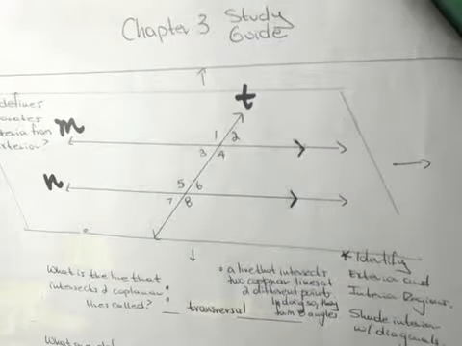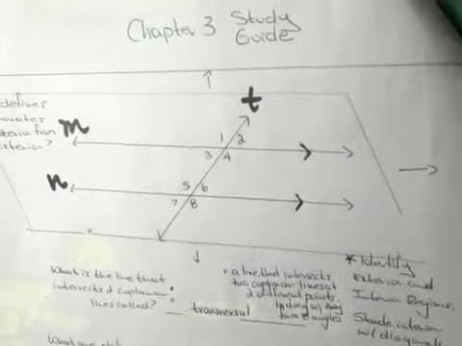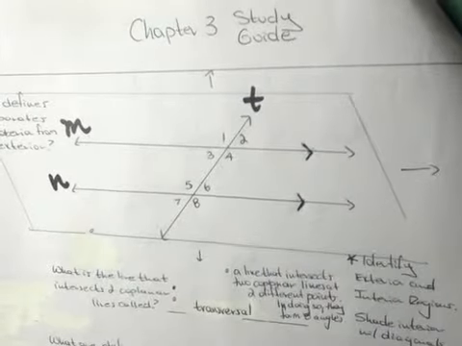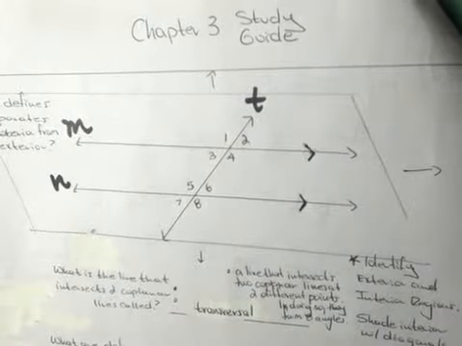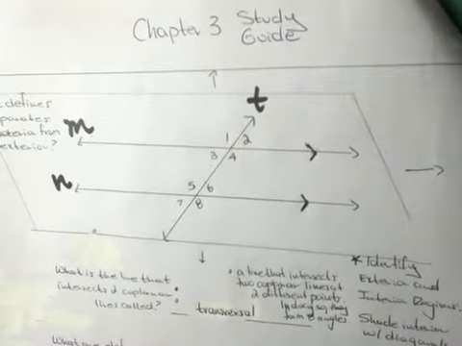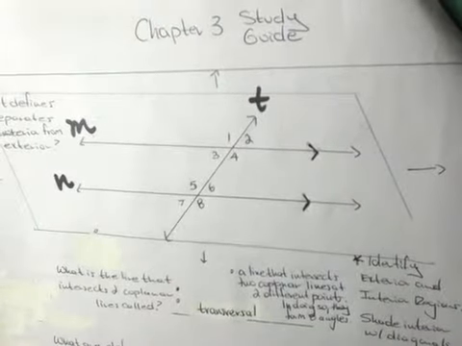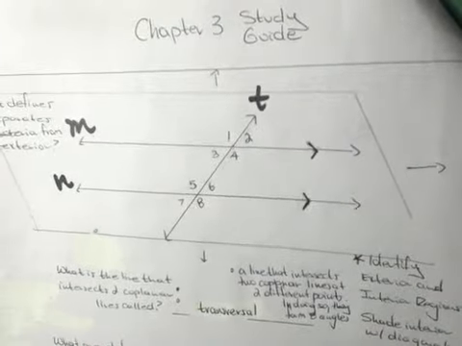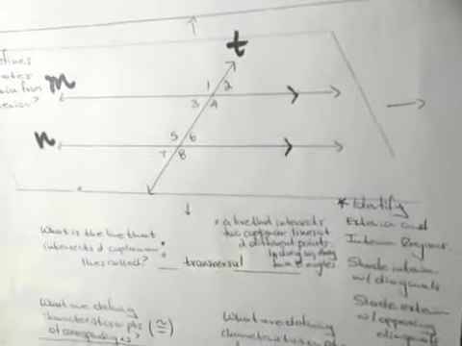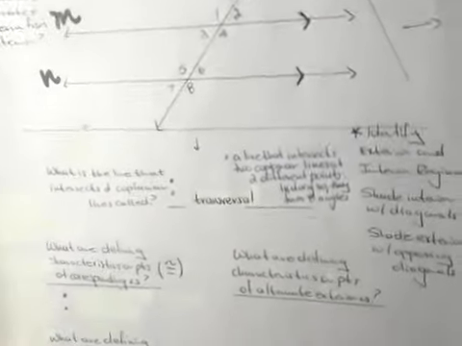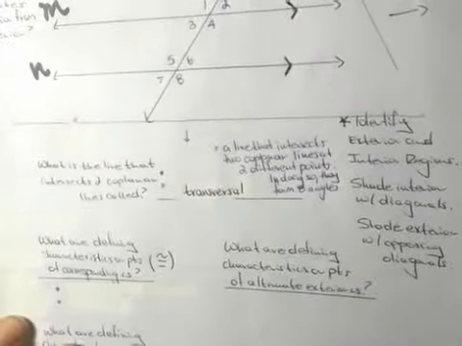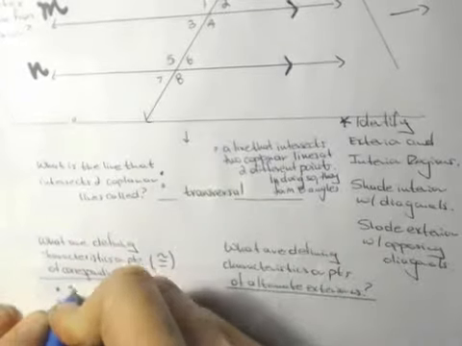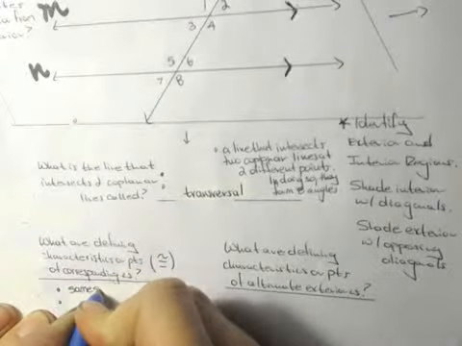We're first going to be talking about corresponding angles when you have two coplanar lines that are parallel. How do we identify corresponding angles? They're on the same side of the transversal.